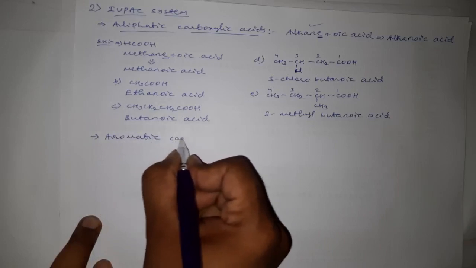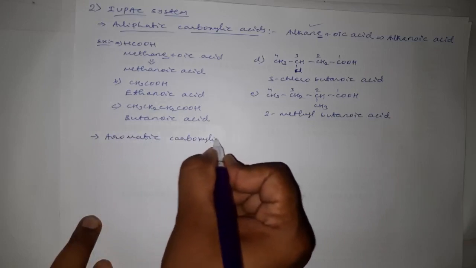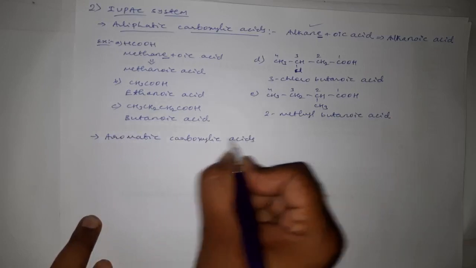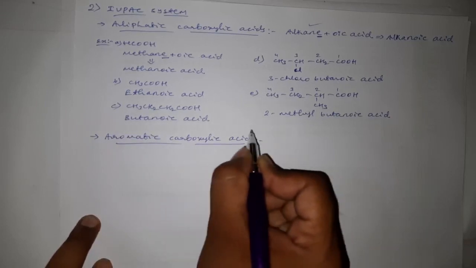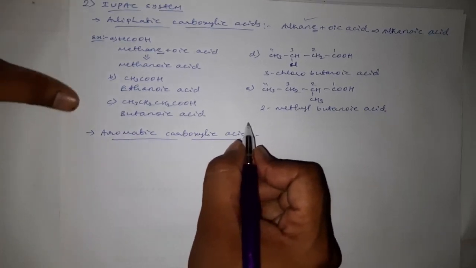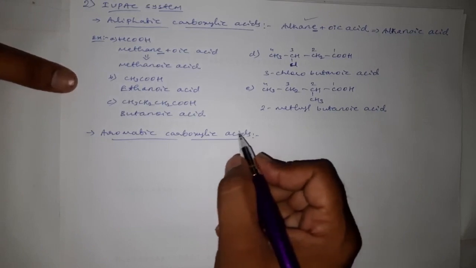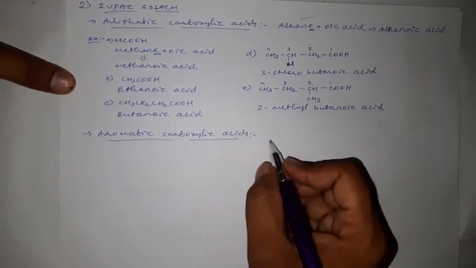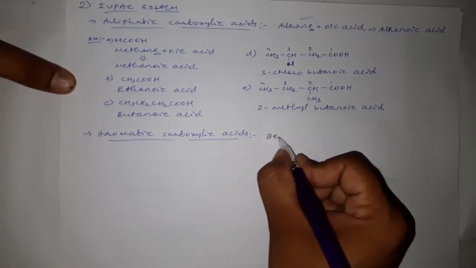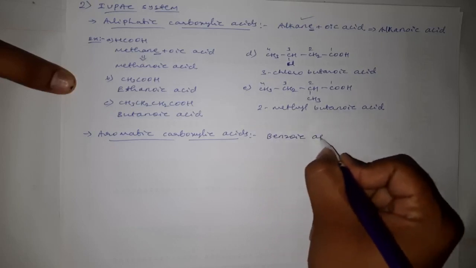Then aromatic carboxylic acids. The aromatic carboxylic acids are usually referred to as derivatives of what? Benzoic acid.